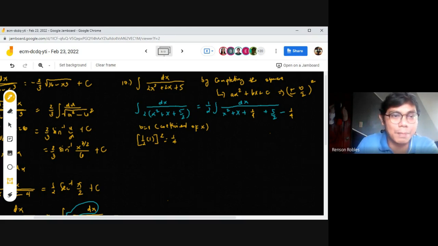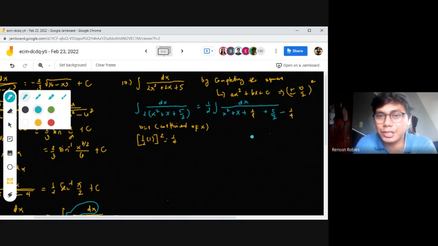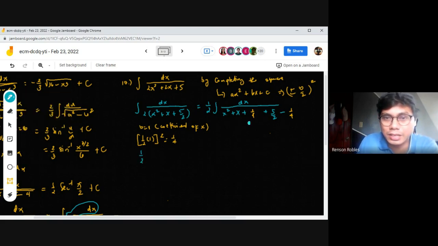And what will happen is that this first 3 terms is a perfect square trinomial. So this is now a PST, our perfect square trinomial. Ito naman, you just simply add this. What is the result? You multiply this by 2, 10 over 4. So 10 over 4 minus 1/4 is 9 over 4. So we have 9/4.